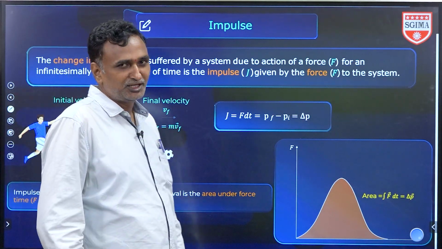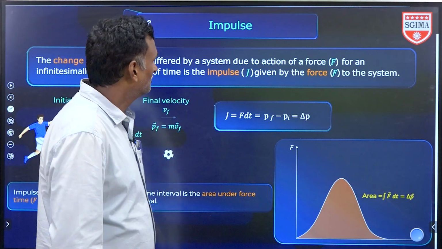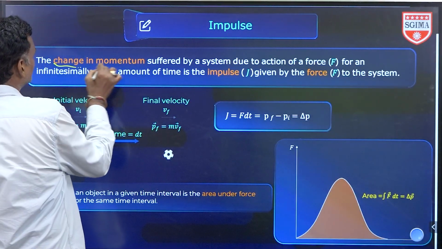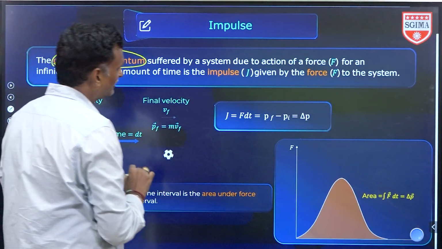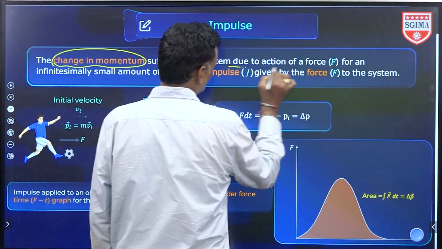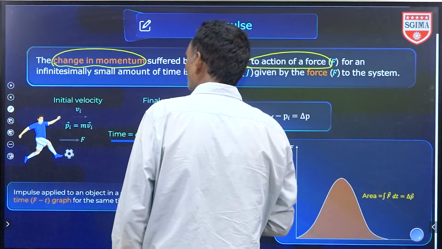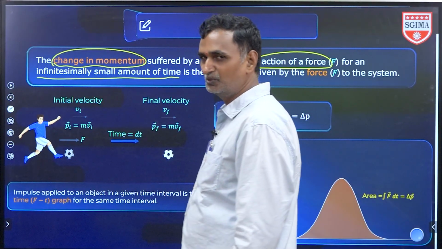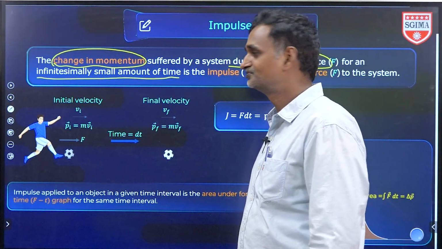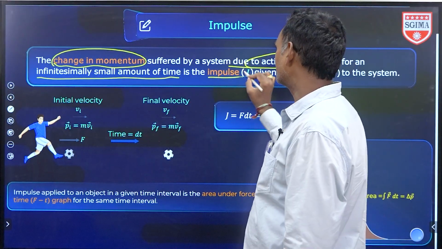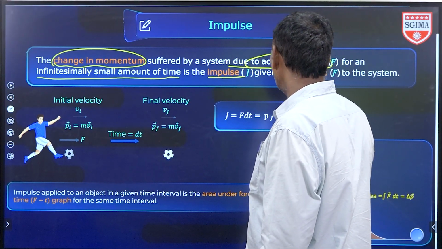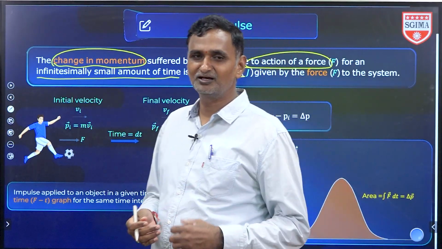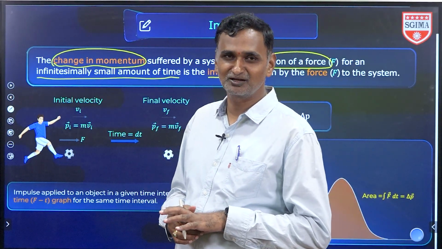The next topic is impulse. What is called impulse here? The change in momentum suffered by a system due to the action of a force for an infinitesimally small, very short amount of time is called impulse, and it is given by the force to the system, whatever force is acting or just exerted by the external source.